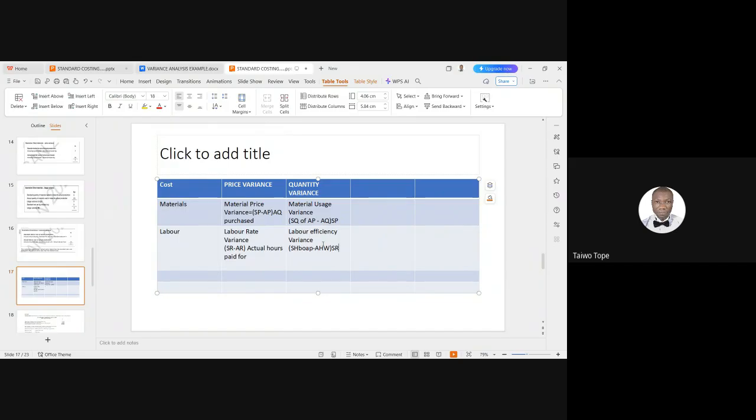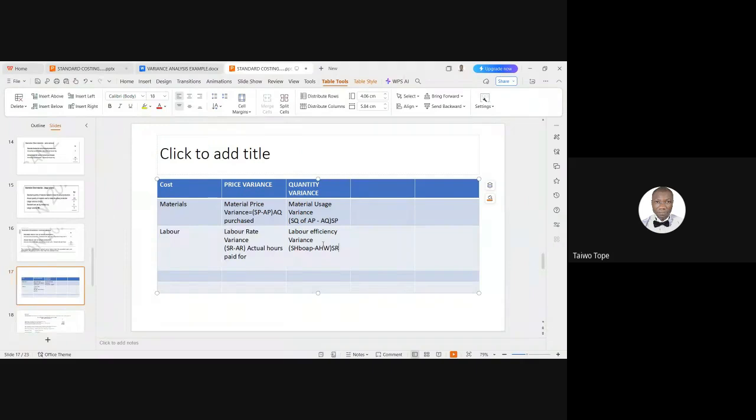So that is efficiency, talking about hours. Labor rates talk about the fees, the wages, the salaries, money being paid to the workers. Standard rate less actual rate multiplied by actual hours paid for. The labor efficiency variance is standard hours based on actual production less actual hours worked multiplied by the standard rate.